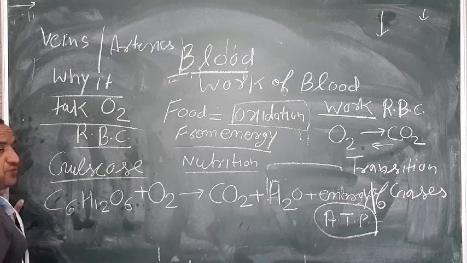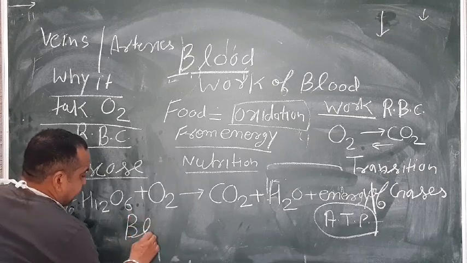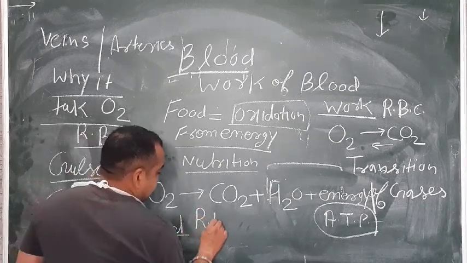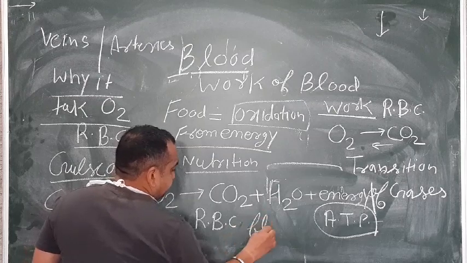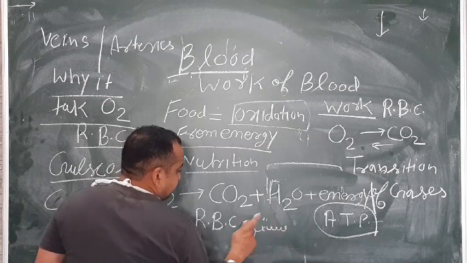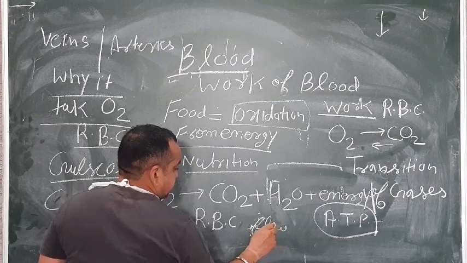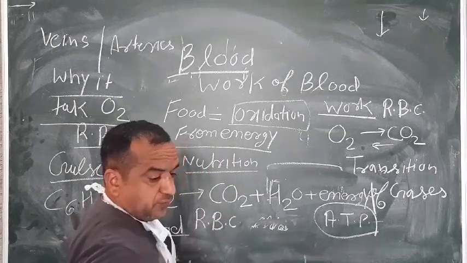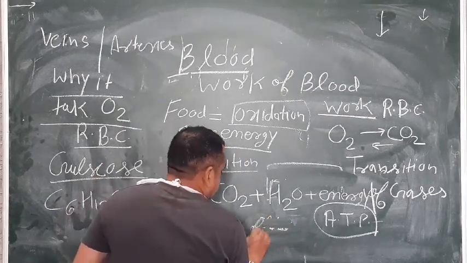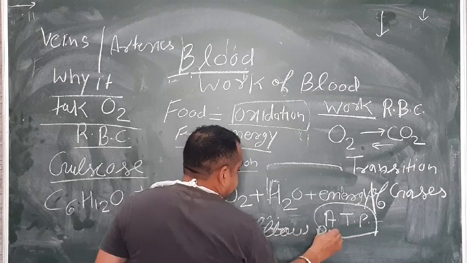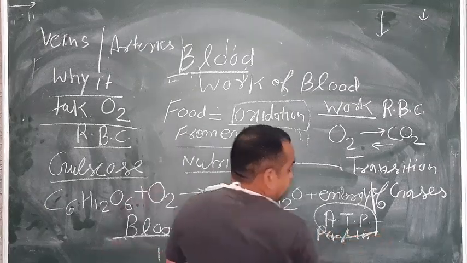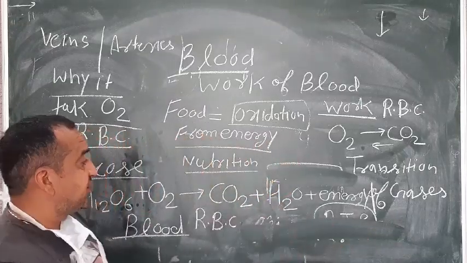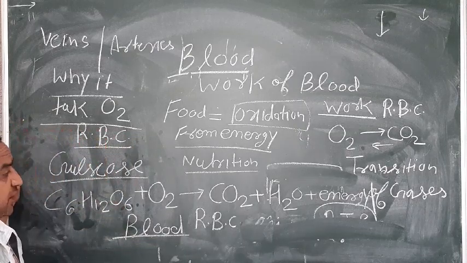The nutrition will be absorbed by the blood, and RBC flow in our body parts. RBC carry energy and nutrition to all parts of our body.